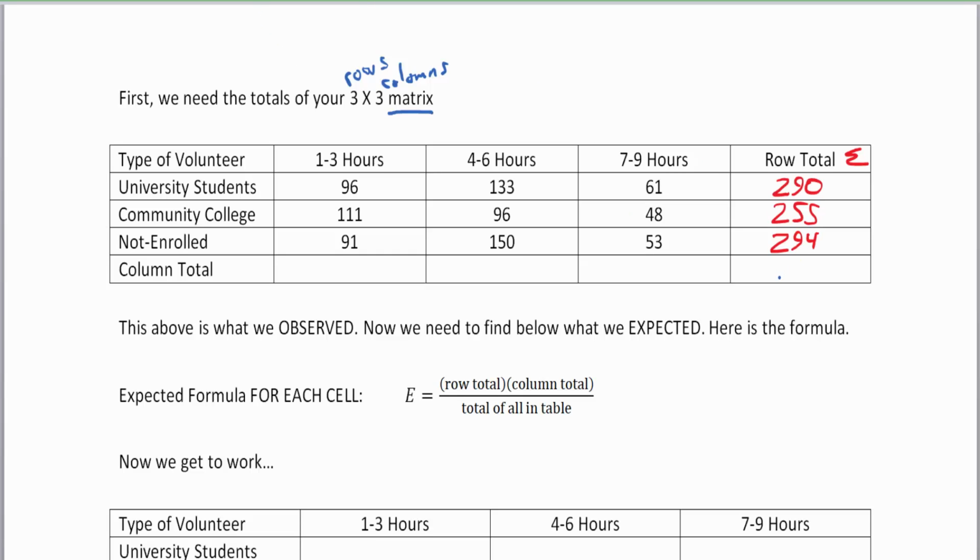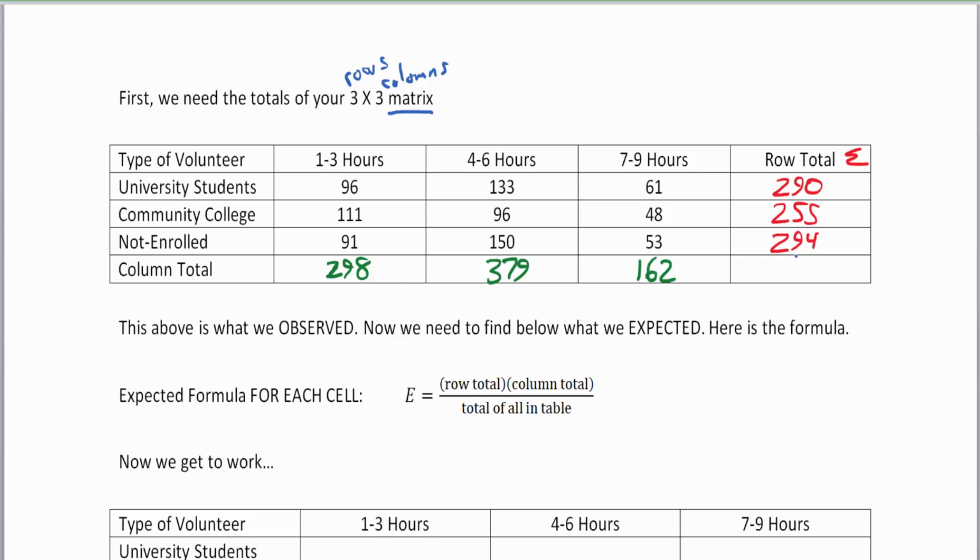And this is going to take a little time, but I am going to change color a little bit when I go to a new type of sum. So here's a column total: 96, 111, and 91, 298. 133, 96, 150, 379. And this is just, again, adding straight down to get our column total. Then we get to 61, 48, 53, the most hours volunteered per month, which has the smallest total, which is not unexpected.